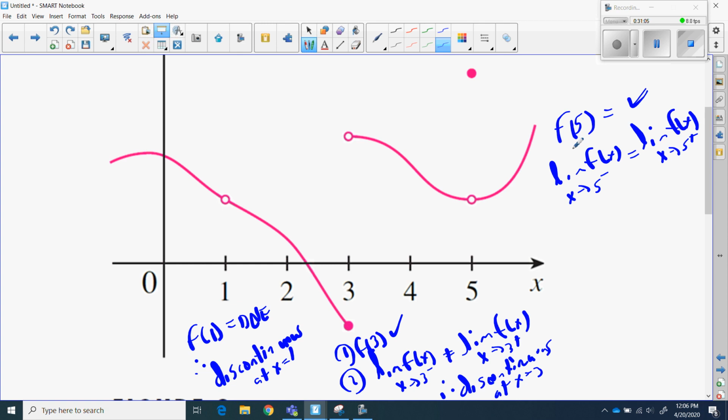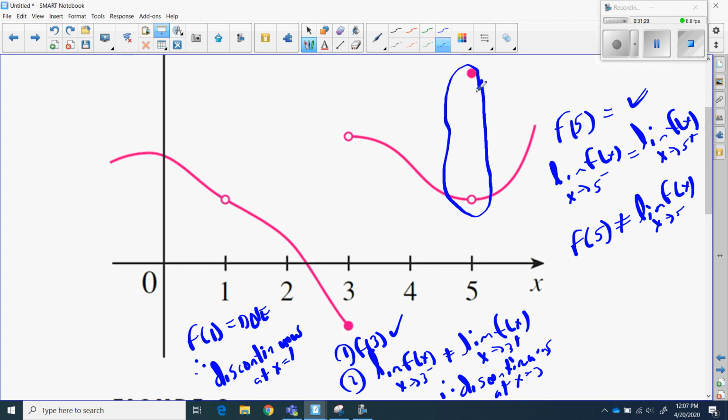The answer we get here and the answer we're going to get here are not the same thing. So it is going to be discontinuous for this reason. The value of the function at 5 is not equal to the limit of the function as we're getting close to 5. They'll sometimes refer to this situation right here. You'll see them in some textbooks, or some professors or instructors will call it what's called jump discontinuity.